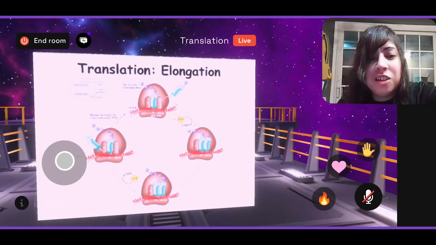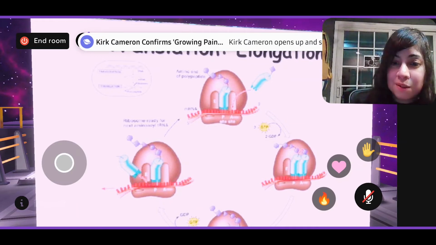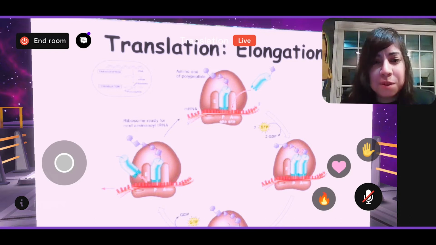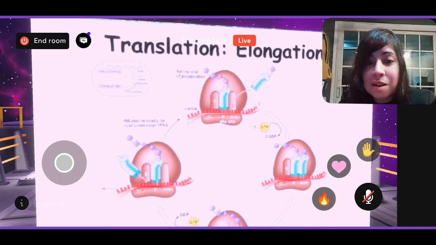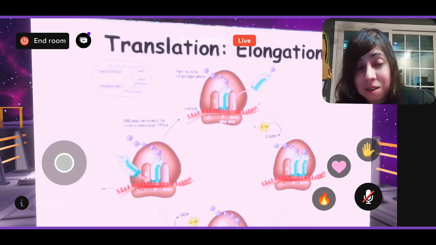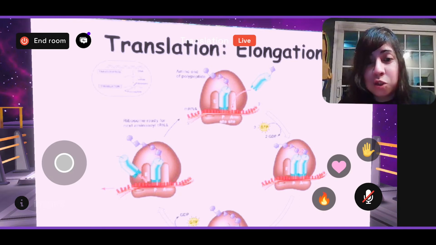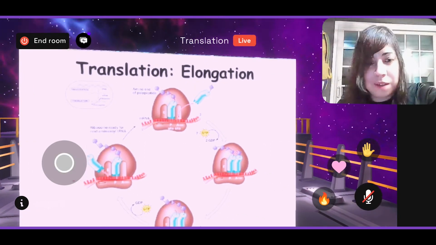The EF-G GTP, the translocase enzyme, is required in ribosome translocation. This changes the actual 3D structure of the ribosome and catalyzes the 5' to 3' movement. The codon on the A site now becomes recognized by the other aminoacyl tRNA. The dipeptide on the P site gets transferred to the A site to form a tripeptide, so it's growing.